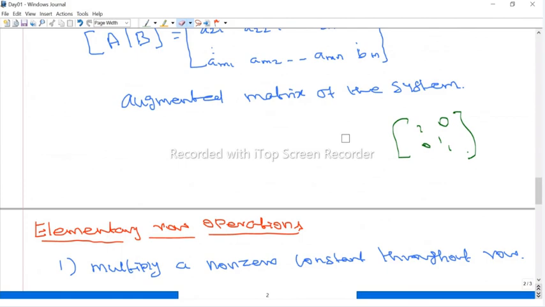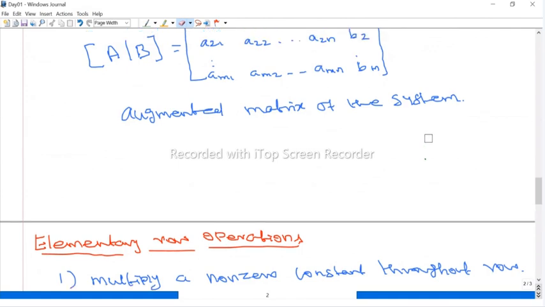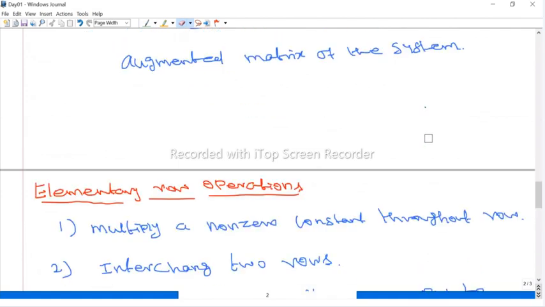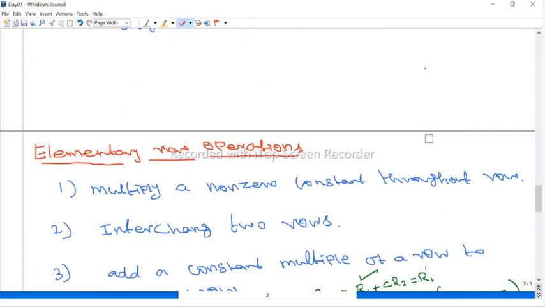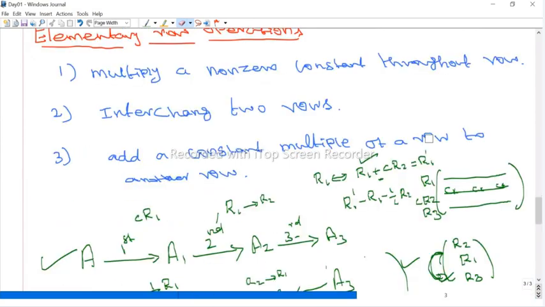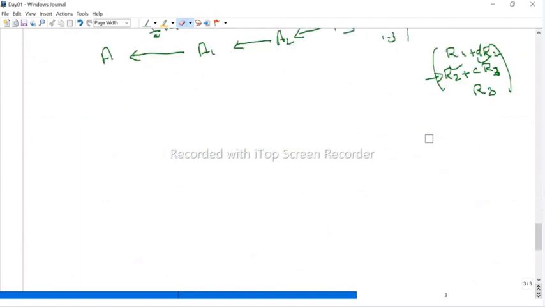Now these three kinds are what we call elementary row operations. Now, when we say two augmented matrices, suppose we have two systems. When we say the two systems are row equivalent, the next definition is for row equivalent.